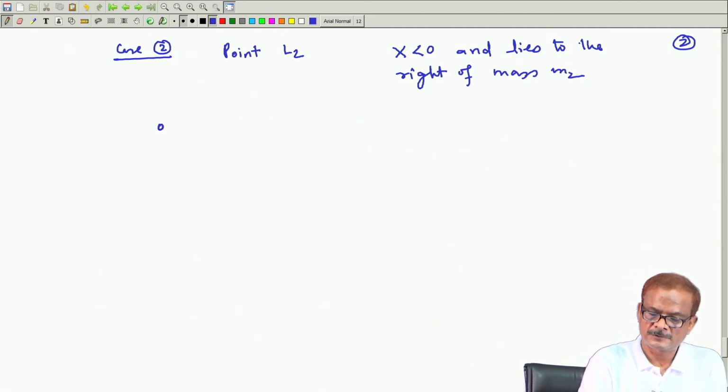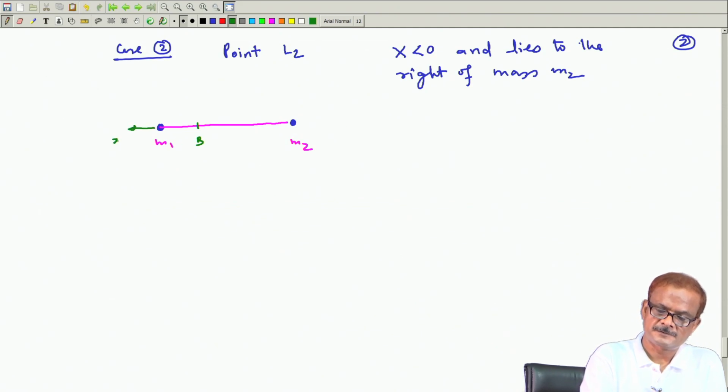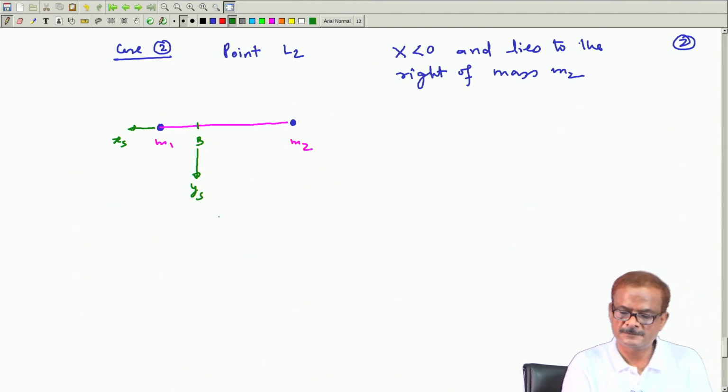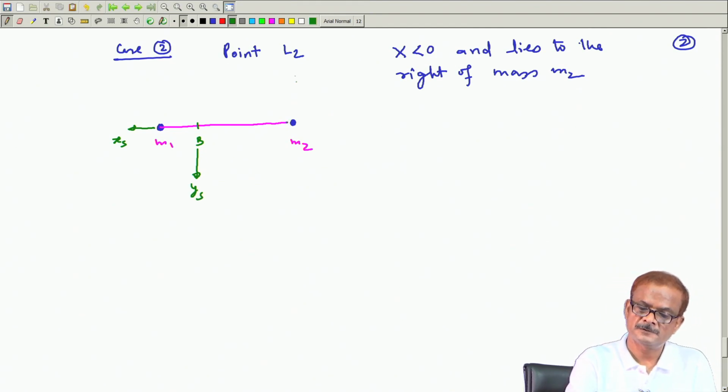So, again drawing the figure here, these are the masses m 1 and m 2. Barycenter is located somewhere here, x is positive in this direction and y is positive in this direction as per our assumption.